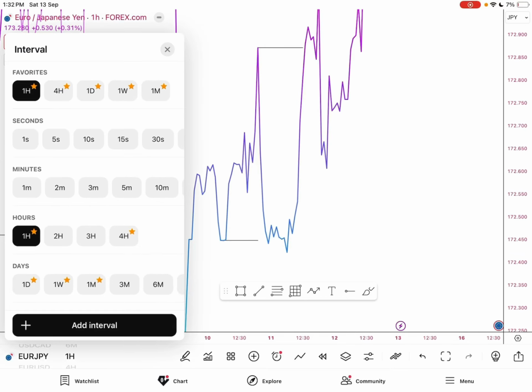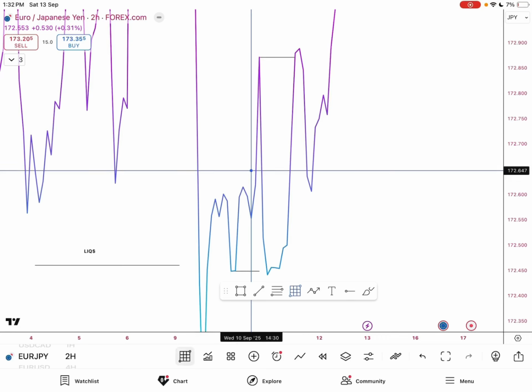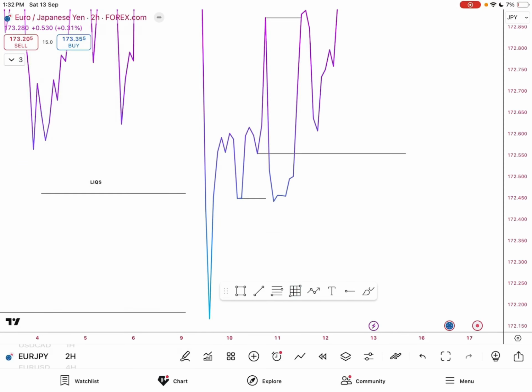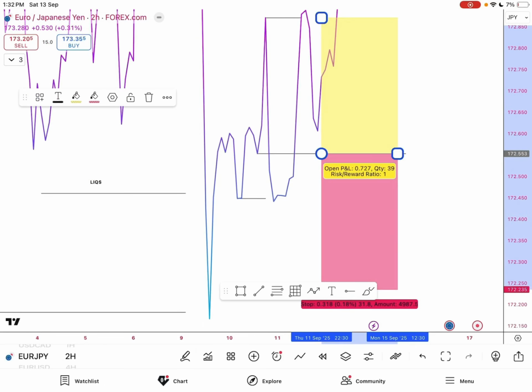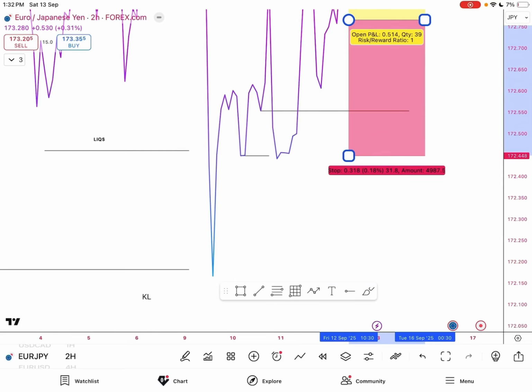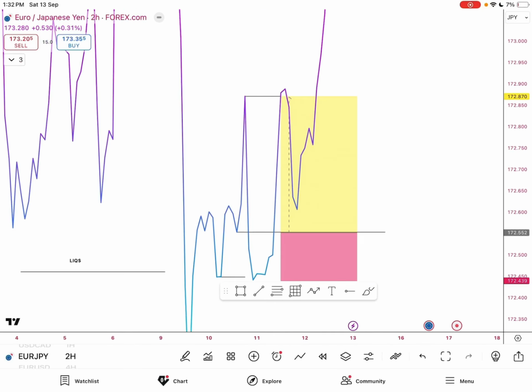Switch to another time frame like 2 hour. What we have here is the QM entry. So now I may enter like this. Like this, I will keep my stop loss low like this.